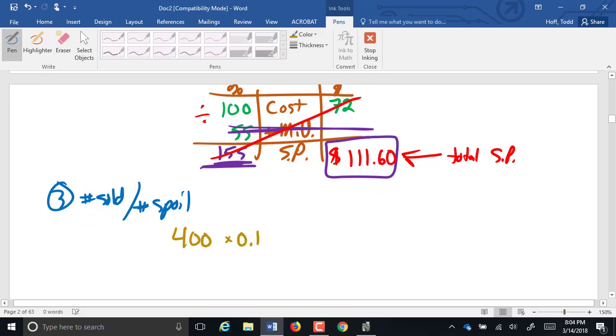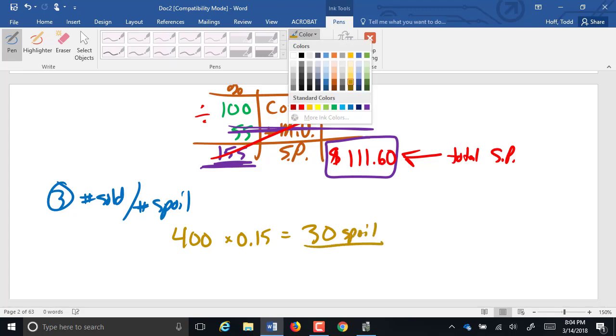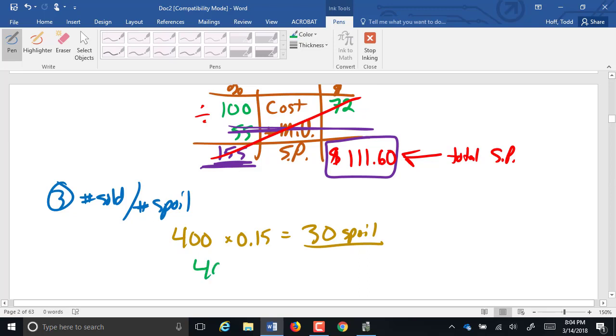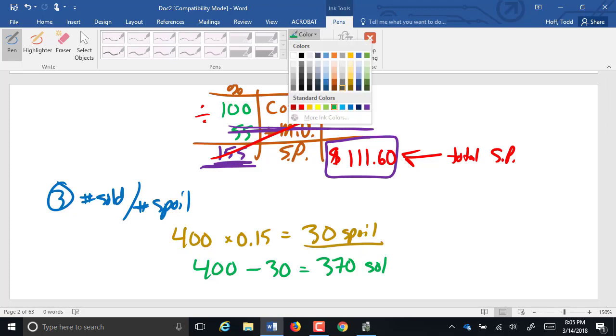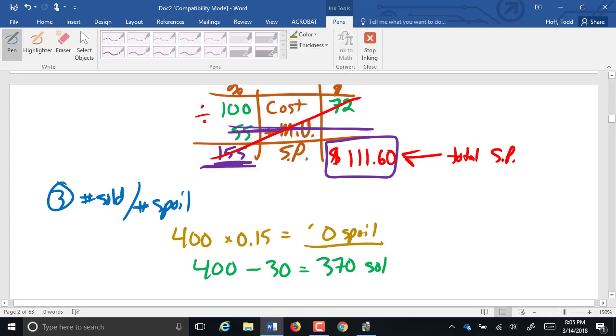So 400 times 0.15 is 60 that are broken or spoiled. So 400 minus 60 is 340 that are sold.